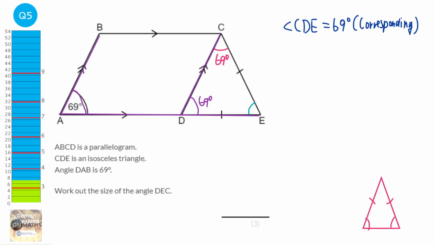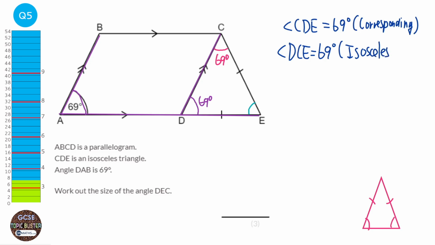So they're the bottom two angles in an isosceles, although the isosceles is on its side here. And we need to write that down, so it would be angle DCE equals 69 degrees. And this time it's because it's an isosceles triangle.